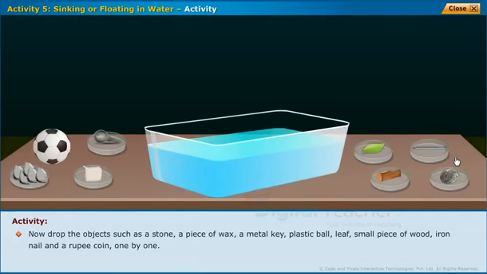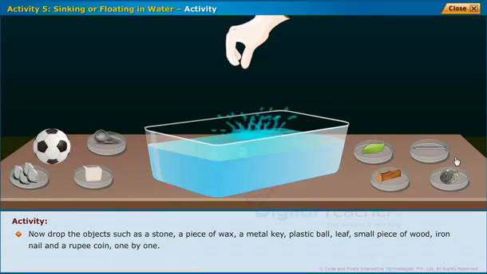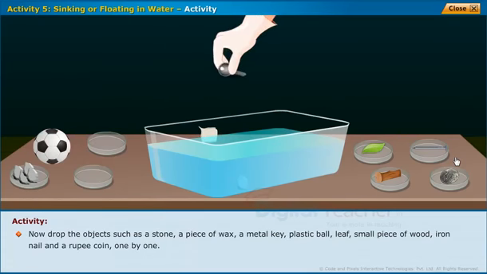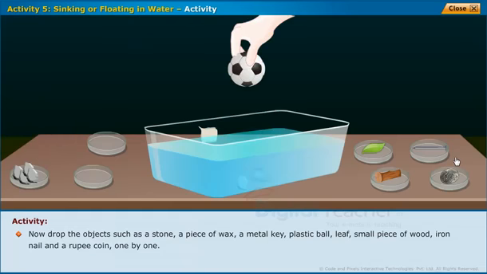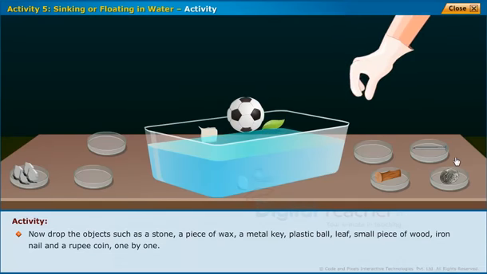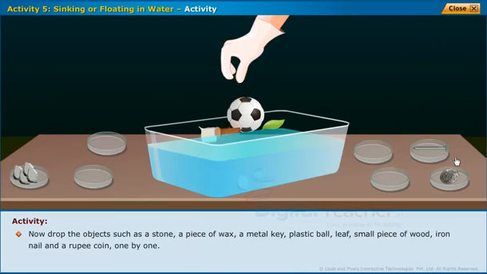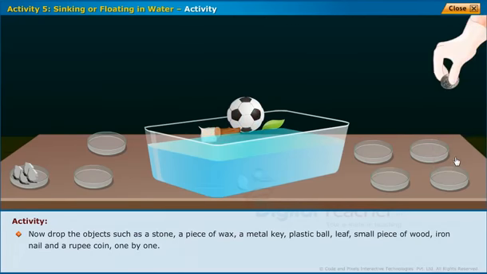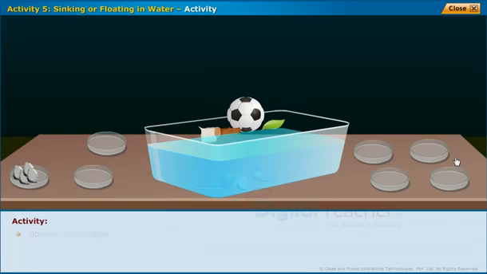Now drop the objects such as a stone, a piece of wax, a metal key, plastic ball, leaf, small piece of wood, iron nail, and a rupee coin one by one. Observe the changes.